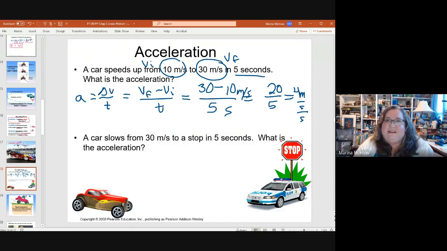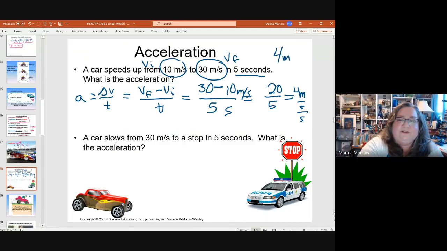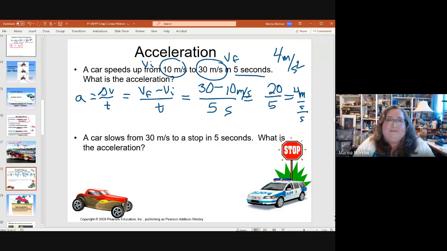You're changing the speed by 4 meters per second every second. Now, if you've been in another physics class, you know it's easier, and often people just write 4 meters per second squared, which is mathematically the same thing. But Hewitt does like to emphasize the fact that it's saying your change is 4 meters per second every second.